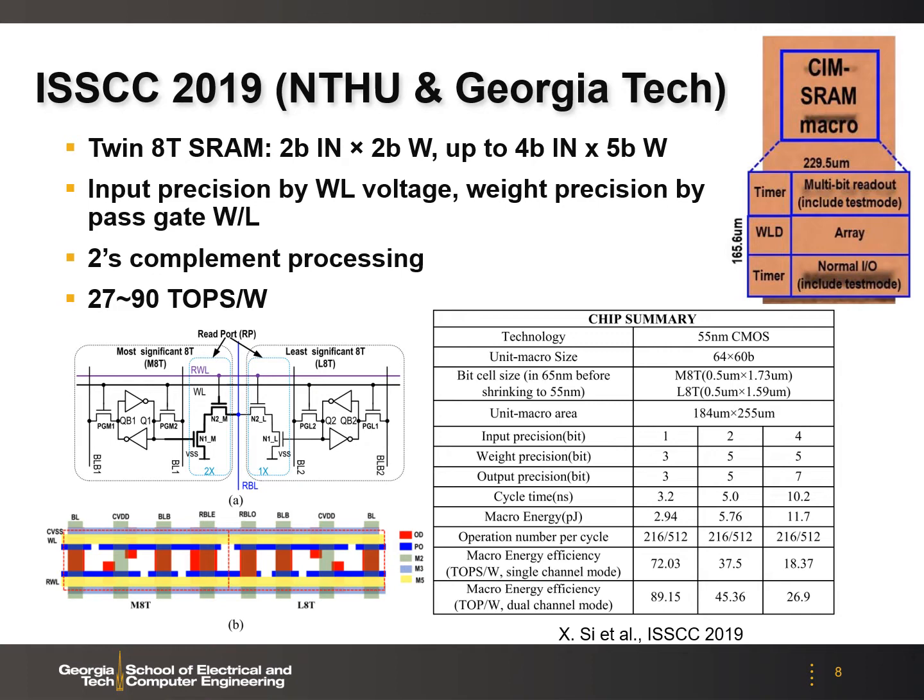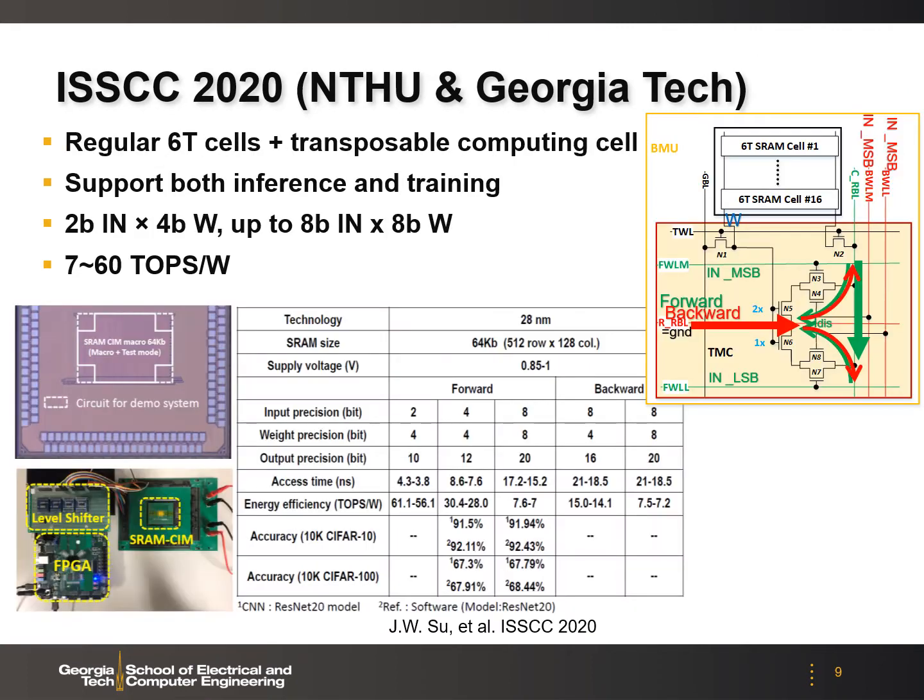The same group published at ISSCC 2020 a new design to support the bidirectional access. So the design is based on regular 6T cells plus transposable computing cell. It can support both feed-forward and backward propagations for inference and training.